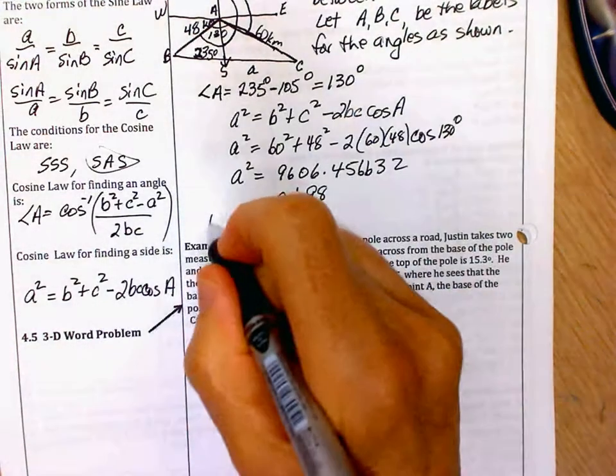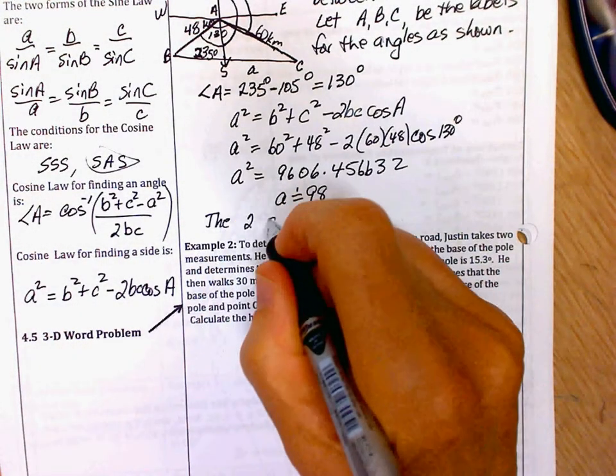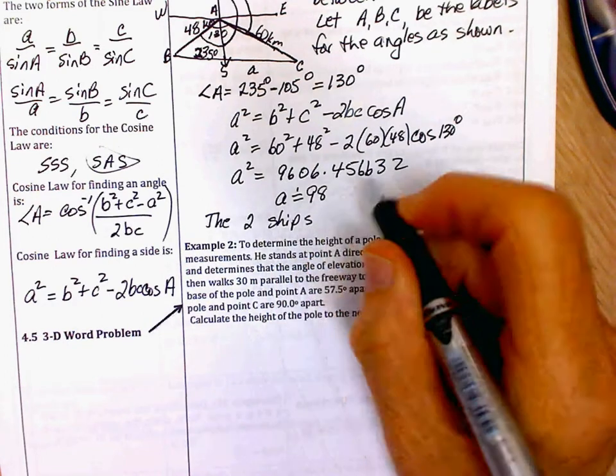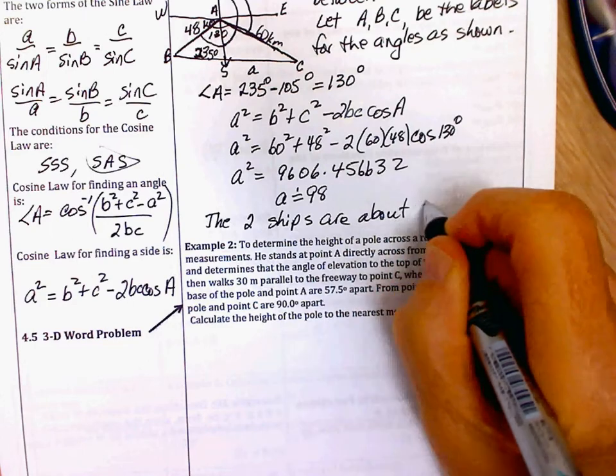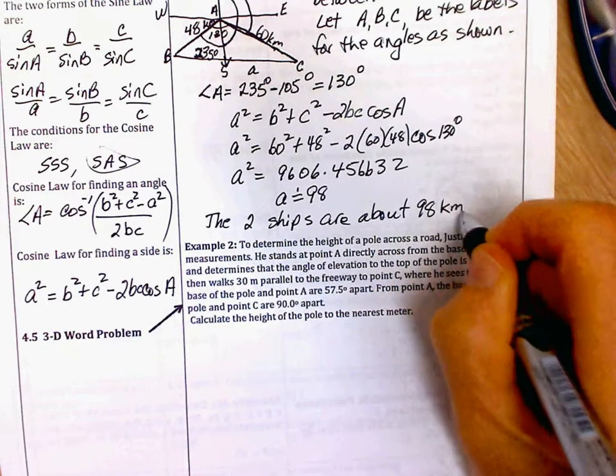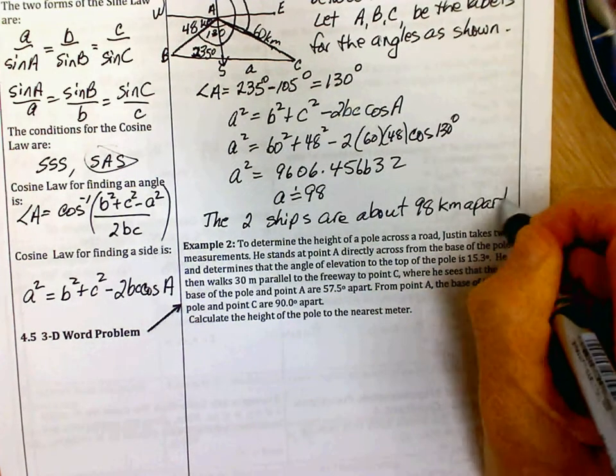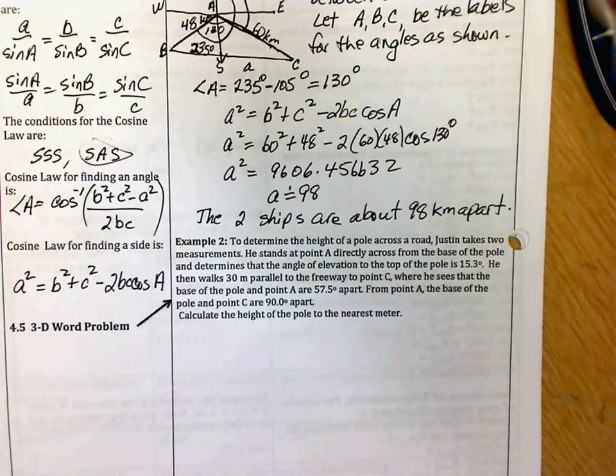The two ships are about 98 km apart. Okay? Alright, that was an example of a two-dimensional problem.